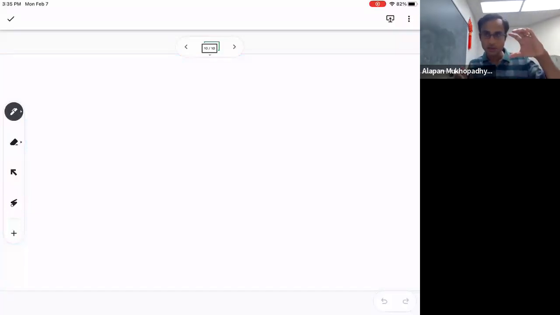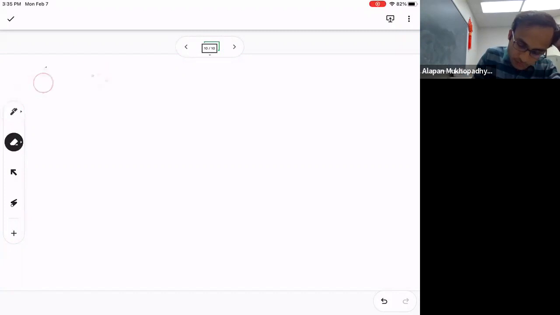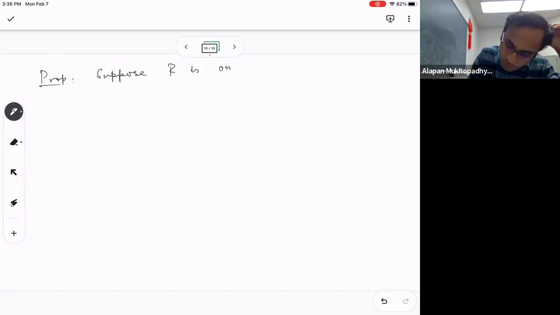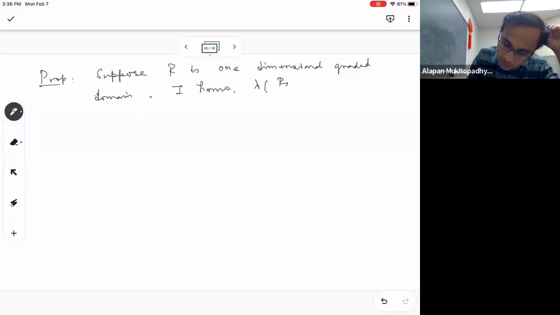The next result is when R is one dimensional. You can explicitly write down the Frobenius-Poincare function. So this is the next proposition. Suppose R is a one dimensional graded domain, and start with a finite colength homogeneous ideal I, such that the colength of I is finite.